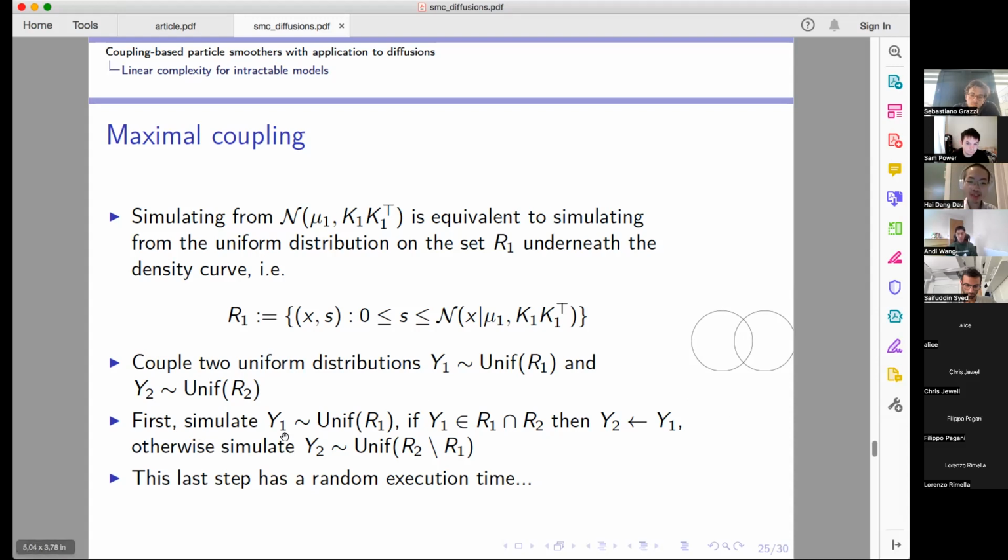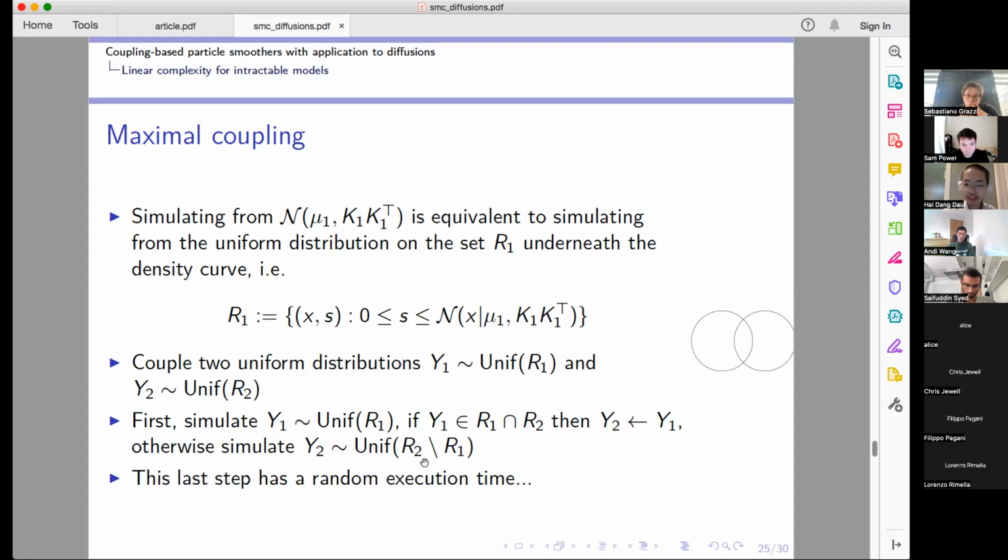First, you can simulate Y1 uniformly in the first set R1, and if Y1 is in the intersection of the two, then you can simply set Y2 equal to Y1. Otherwise, you will need to simulate Y2 uniformly over the difference between R2 and R1.